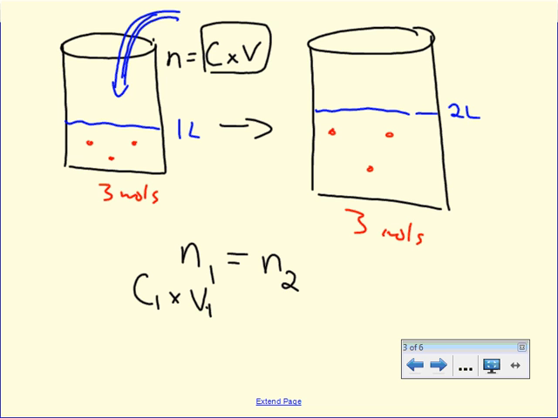Then over here, the new concentration C2 times the volume V2 should be equal to the same number of moles. And so now I have this relationship between the before and after I dilute. This is called the C1V1 = C2V2 equation.